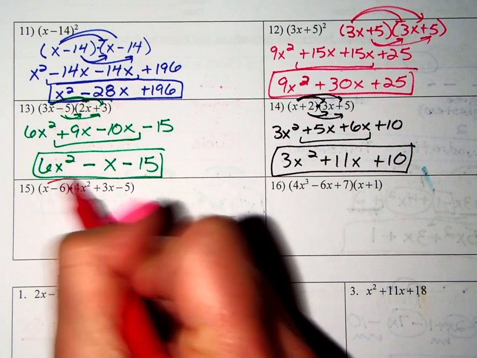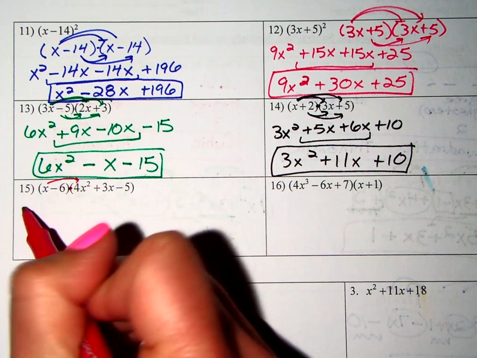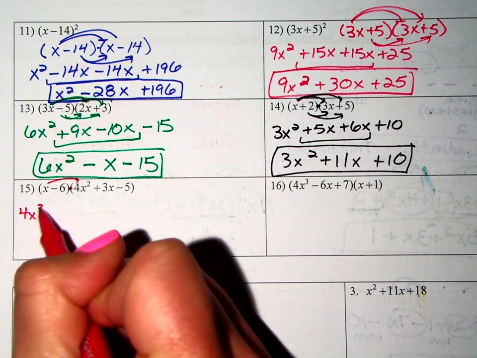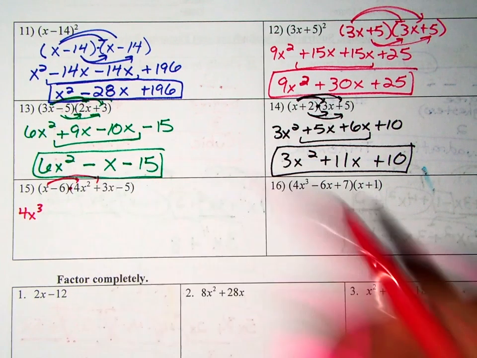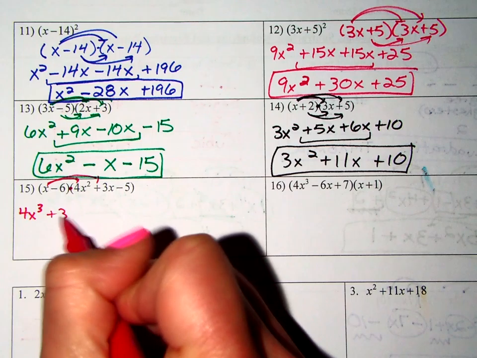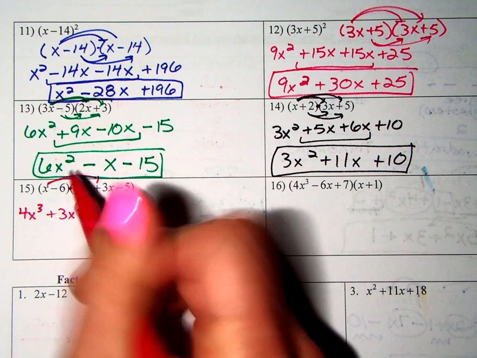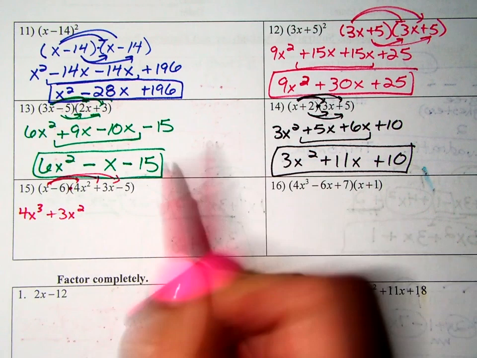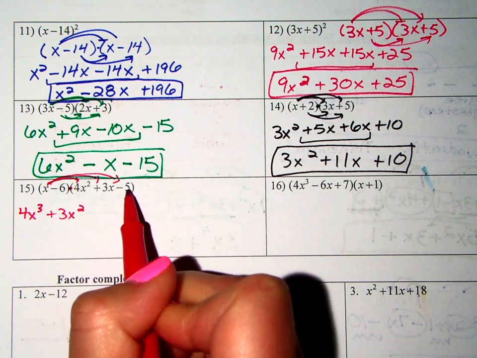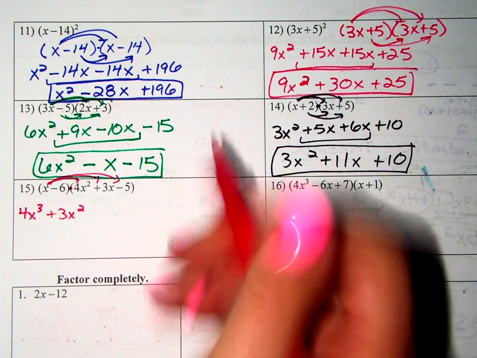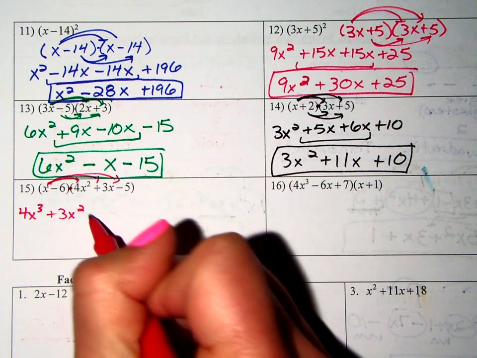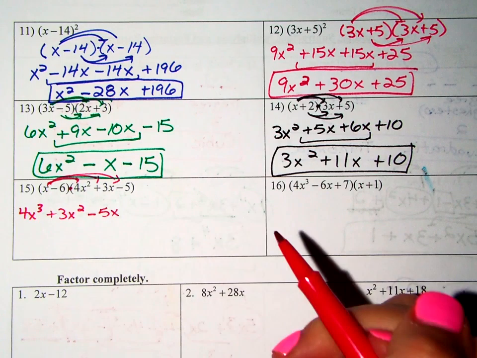But now I'm going to do x times 4x squared, which would be 4x to the third, because remember again, when you multiply, you have to add your exponents. So x times positive 3x would be positive 3x squared, and x times negative 5, because remember, you don't stop until you've distributed it to all. So now instead of distributing x to 2 things, we have to distribute it to 3 things. X times negative 5 would be negative 5x.